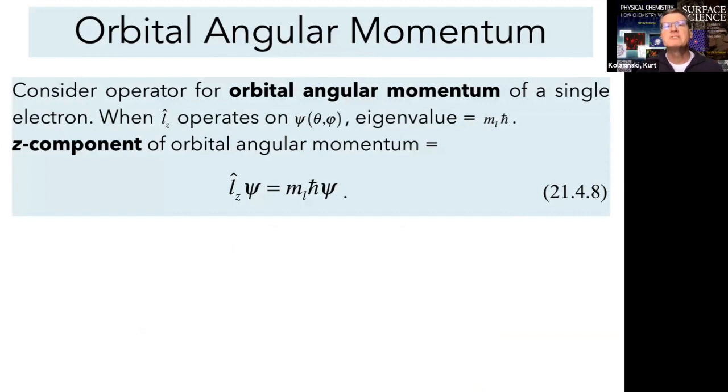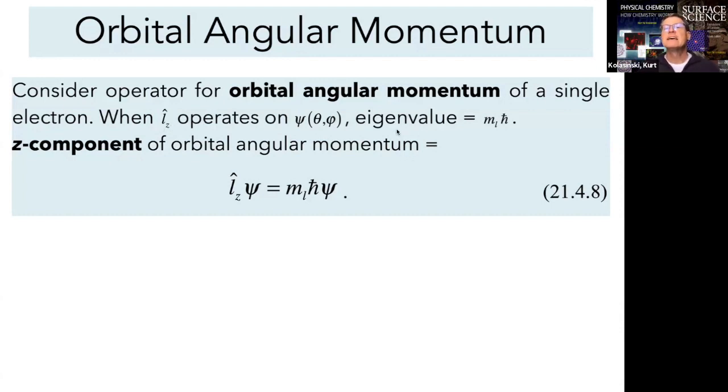Think of it as orbital angular momentum, right, of a single electron. Single electron, so we're going to use a lowercase letter to denote when we're talking about a single electron, uppercase when we're talking about a system of coupled angular momenta. The operator operates on a wave function, and if that wave function is an eigenfunction of the operator, you'll get an eigenvalue.